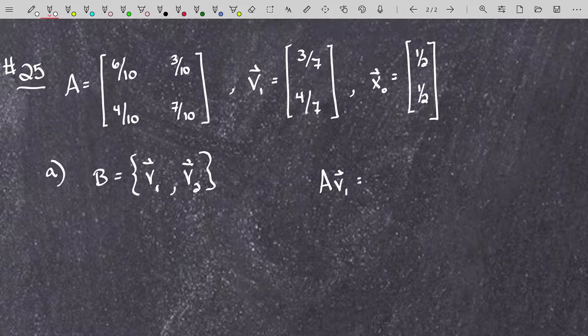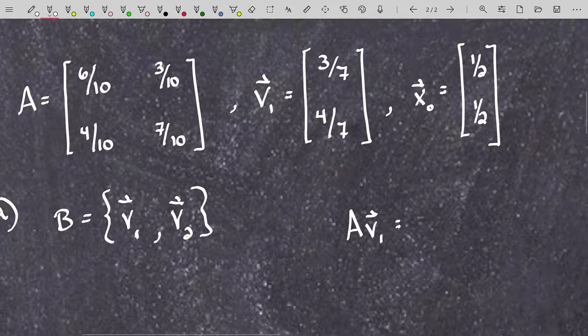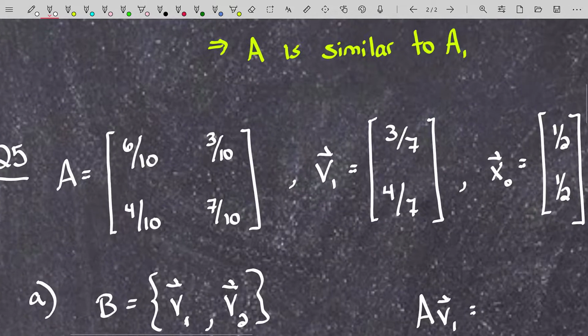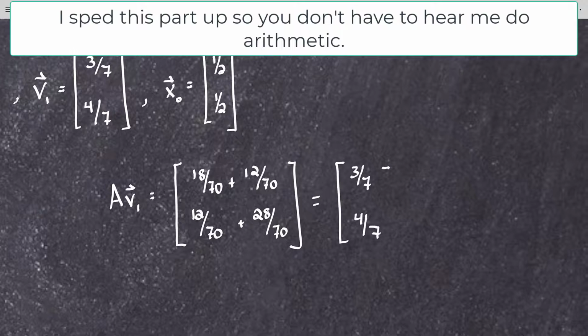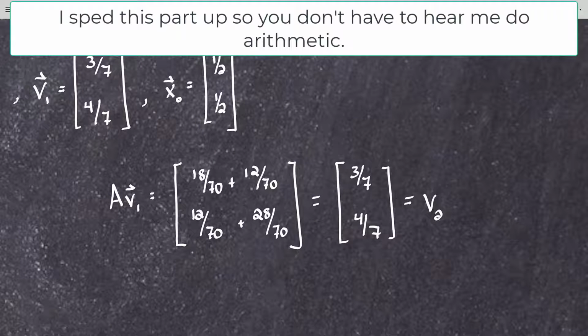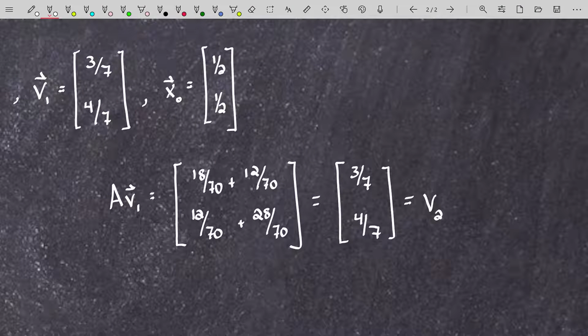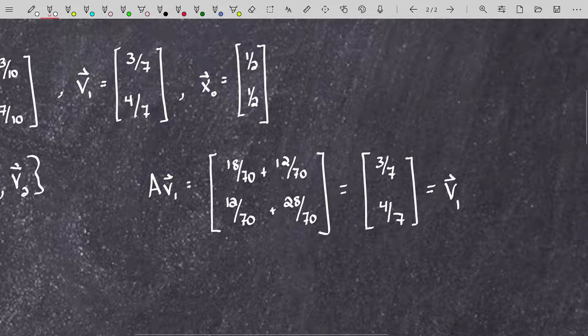So if I take A times V1, I could just see the mathematics here. It'll be, which is exactly, V1. So notice that our eigenvalue corresponding to the eigenvector V1 is 1.